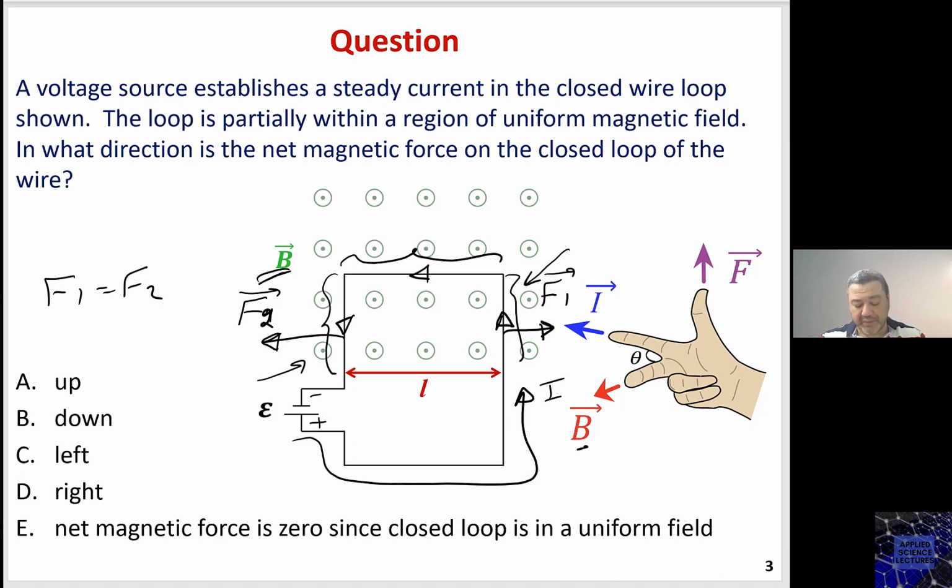Here we have the index finger going to the left. I have the magnetic field pointing out of the page. Using the right hand rule, the magnetic force would be pointing upward. So this is F3. And in this case, the closed loop would be going up. So the answer to this is A.